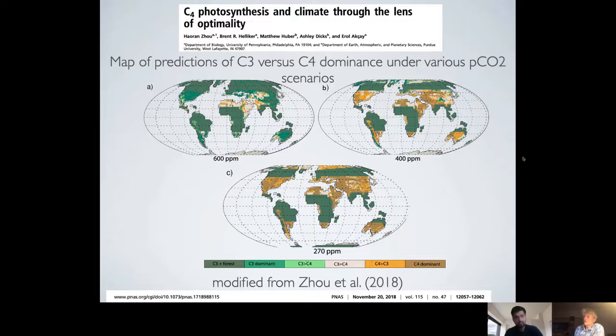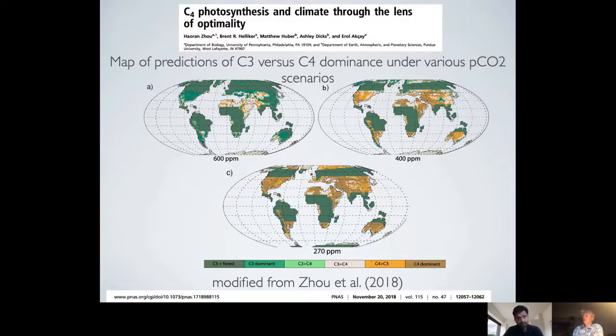And the story here is these are maps of model predictions of whether C3, which are in these green colors because they're forest and trees, and they like wetter environments, versus C4, which are like drier climates and lower CO2.